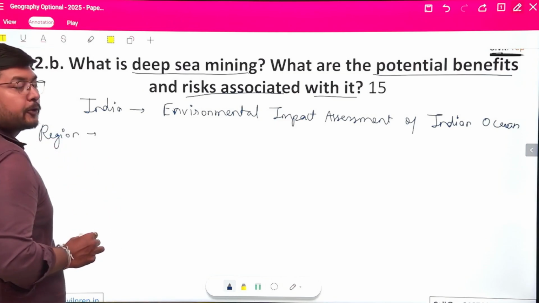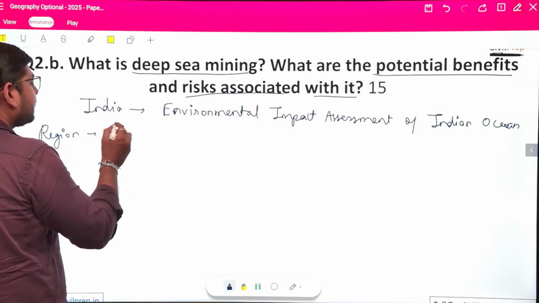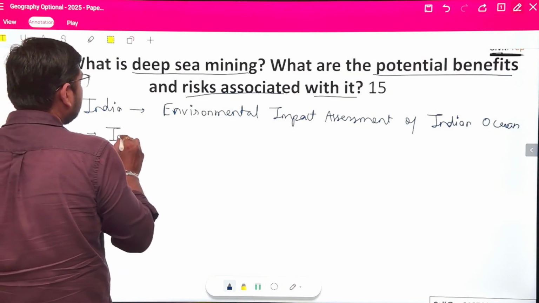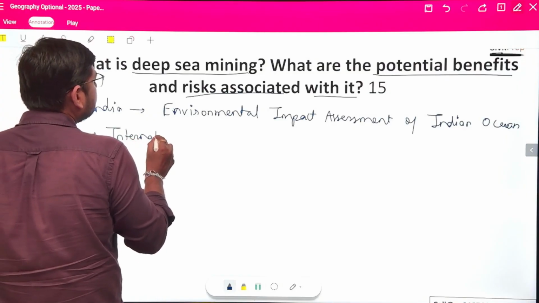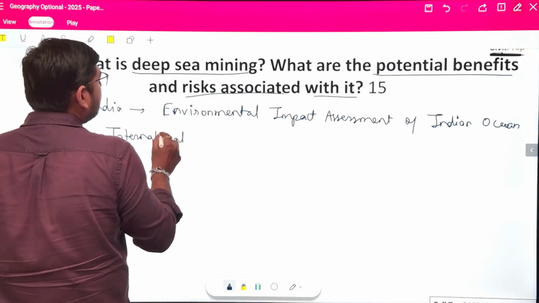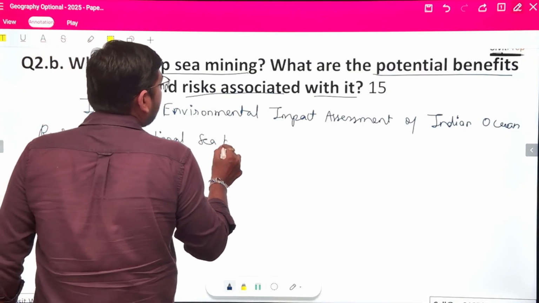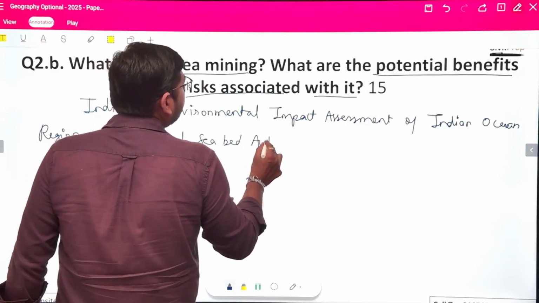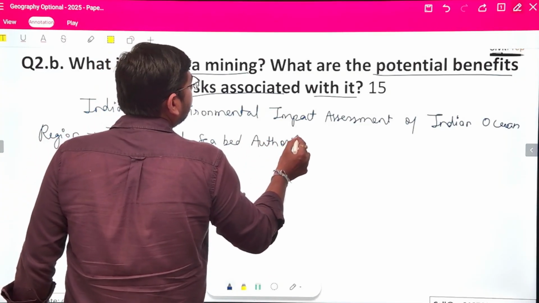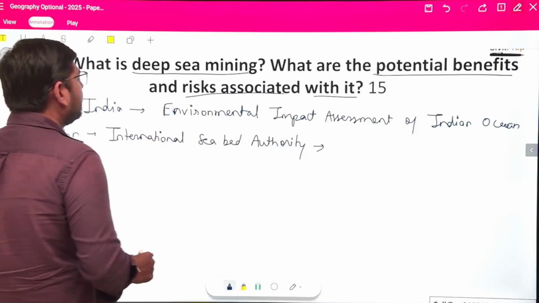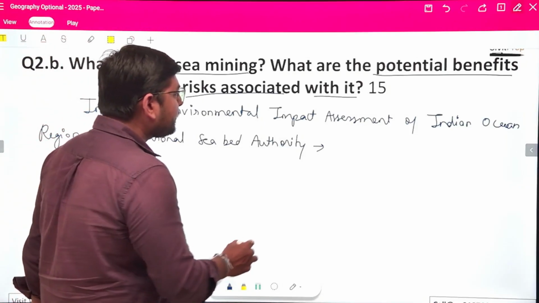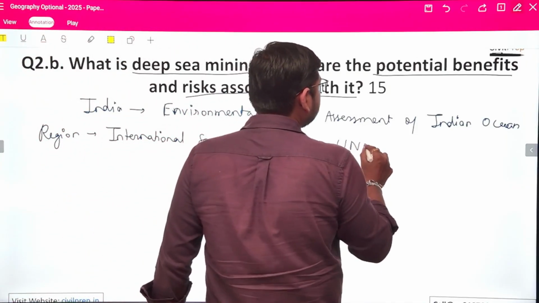Under the Indian Ocean region, it is conducted with the help of the International Seabed Authority, which is a part of UNCLOS.